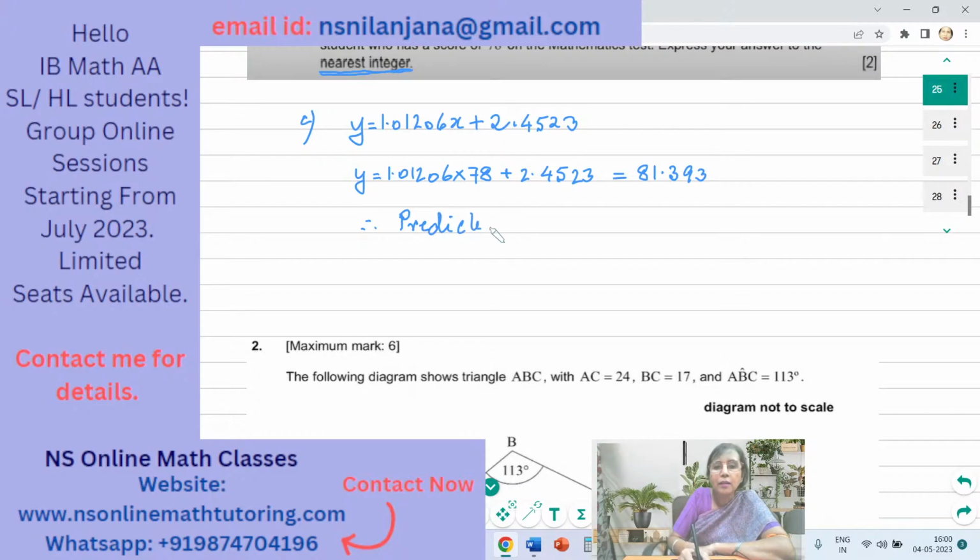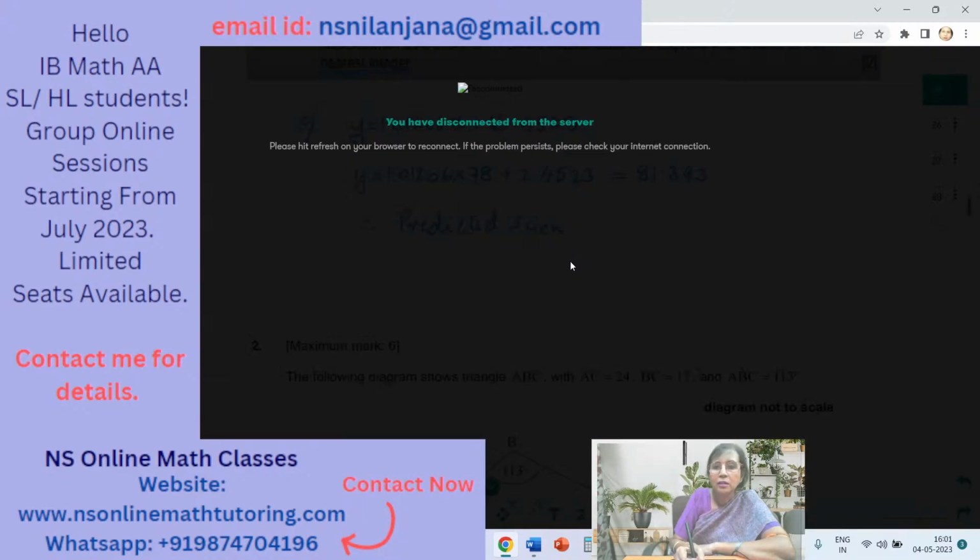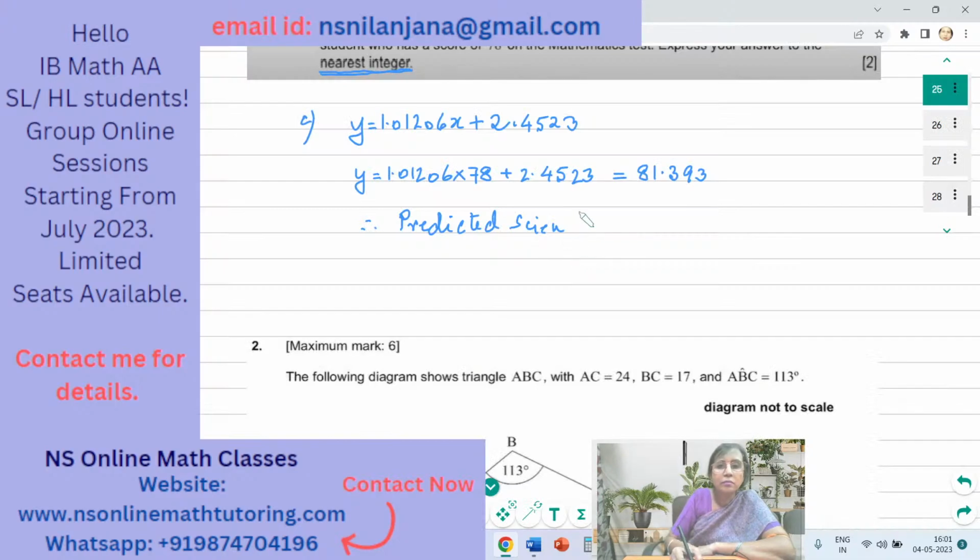Predicted science test score is equal to 81 up to the nearest integer.